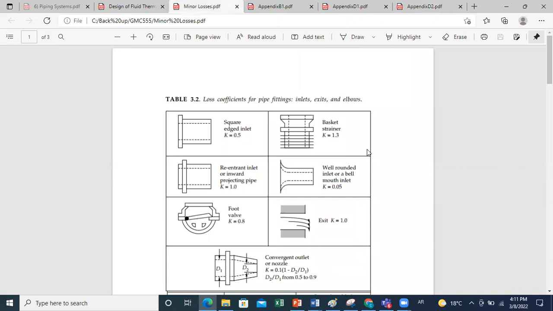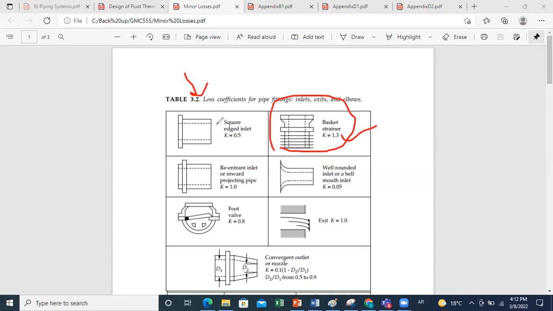And in case one of the accessories is not included in this sheet, I will provide you with the coefficient directly in the exam. So here, for example, this is the basket strainer we were talking about. You can find it directly in the first table. In the first table, they give you familiar accessories that you can use in your system. Let's say if you have a basket strainer, you select 1.3, let's say.